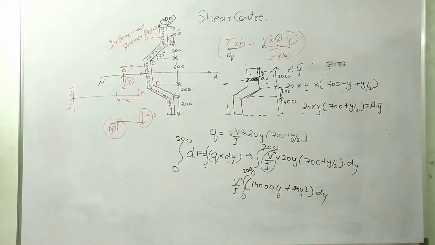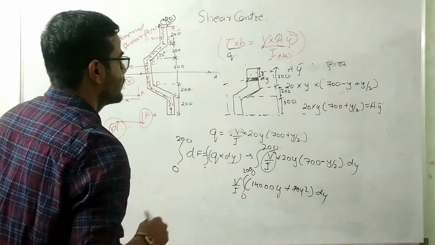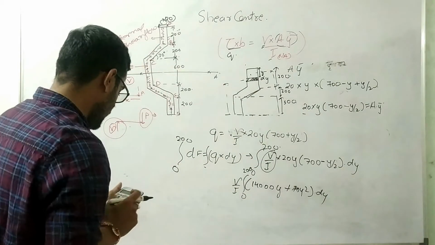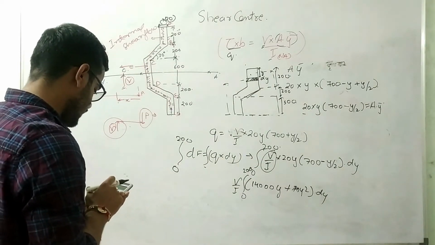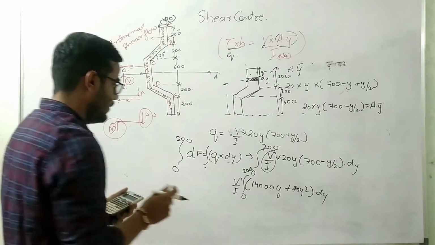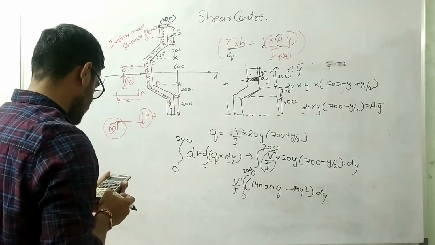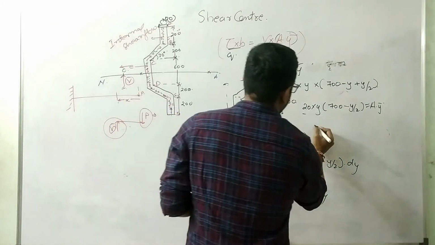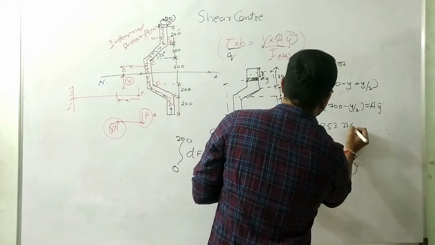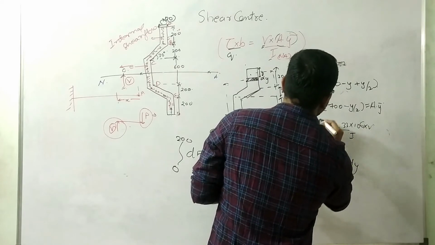So if I solve this integration, the value comes out to be 253.333 into 10 to the power 6 into V over I. So that is the shear flow value.